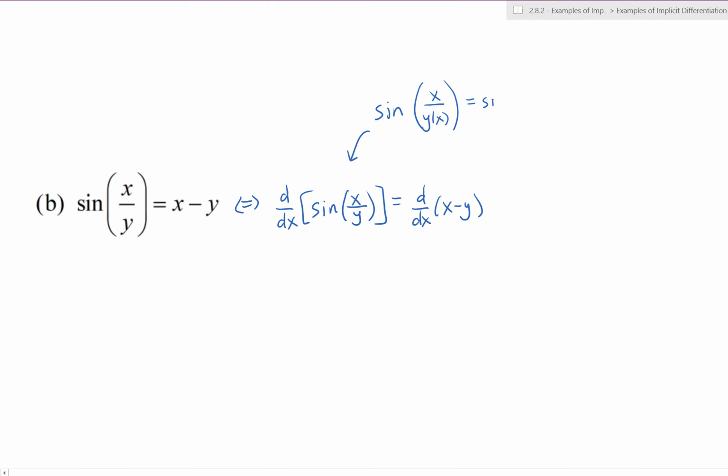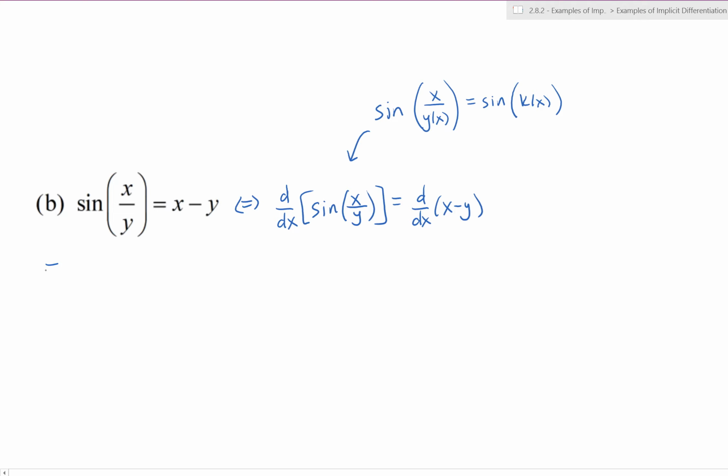You can think of it as sine of some function in general, call it k of x. So when I differentiate the left-hand side, I have to apply the chain rule with the derivative of the inner function, k prime of x, and then the derivative of the sine function with respect to the inner function. So what does that give us?